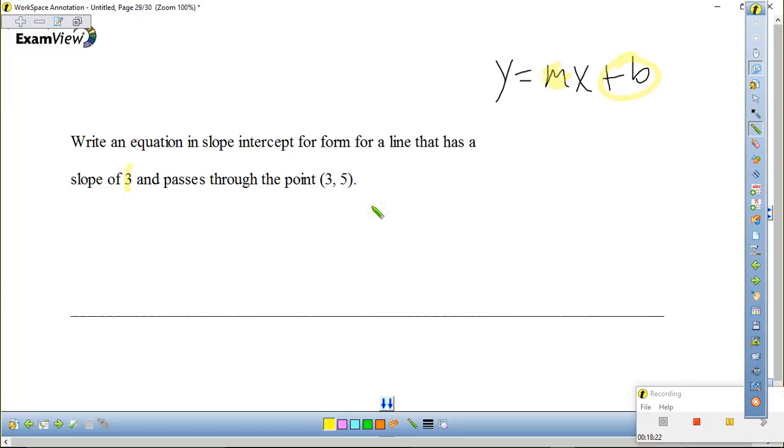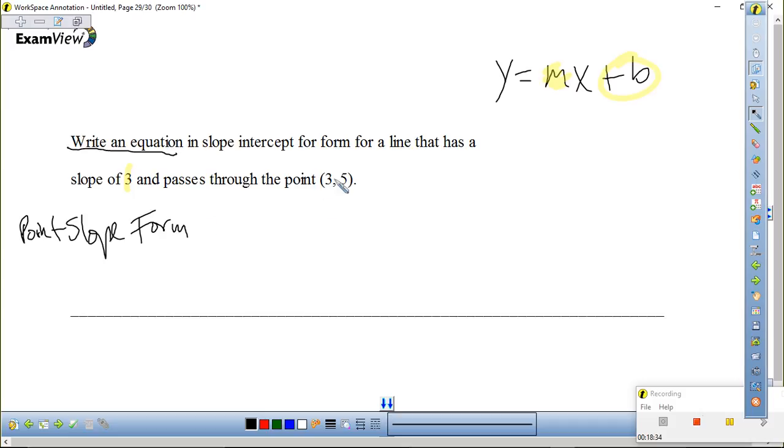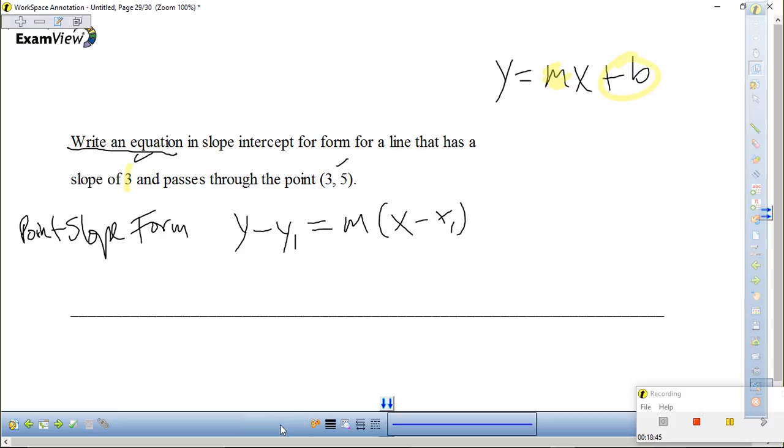So if they don't give us the y-intercept, and they want us to write an equation, we always start with point-slope form, because they give us a point and they give us a slope. Does that make sense? Therefore, y minus y1 equals m times x minus x1. So what is my slope? 3. What is x? 3.